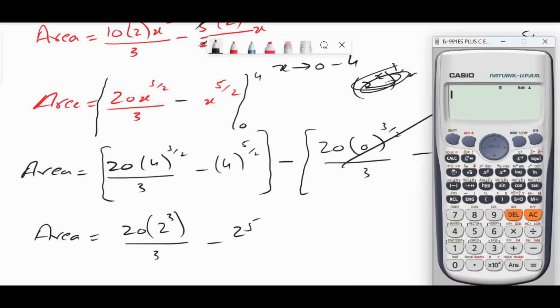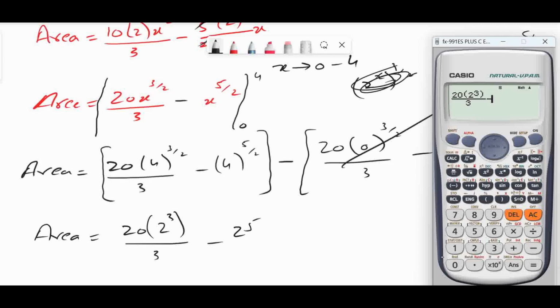So this must be equal to 20 into 2 cube, sorry, 20 into 2 cube divided by 3, minus 2 power 5.